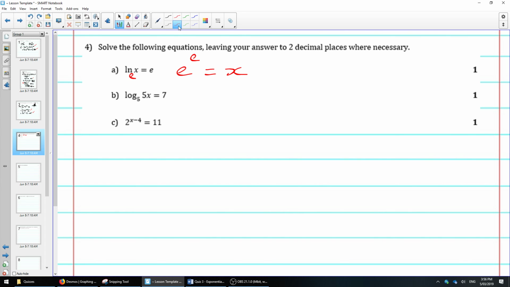So we rewrite it with x as the subject: e to the power of e, therefore x equals 15.15, because the question did say 2 decimal places. Cool. Next we have log 5x equals 7.